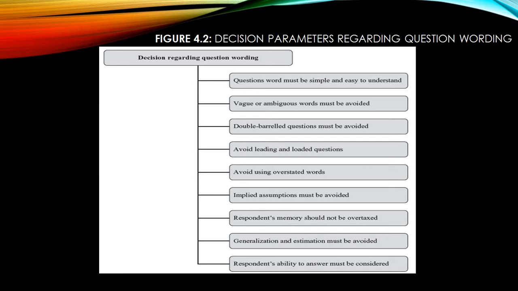Respondent's memory should not be overtaxed. Do not stress on the memory of the respondent. Generalizations and estimations must be avoided. That's quite obvious. And respondent's ability to answer must be considered. You cannot be asking something related to rocket science or nuclear bombs from a nursery grade kid. Okay, so that's what you have to understand.